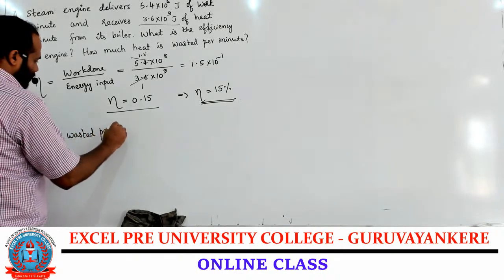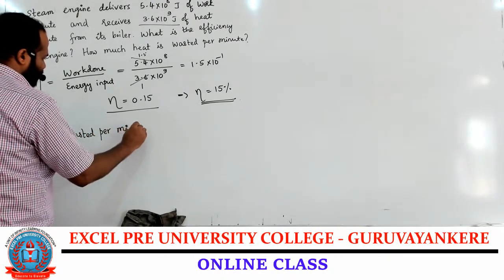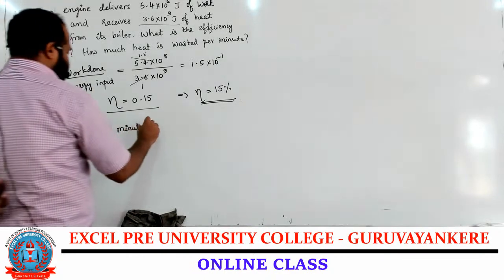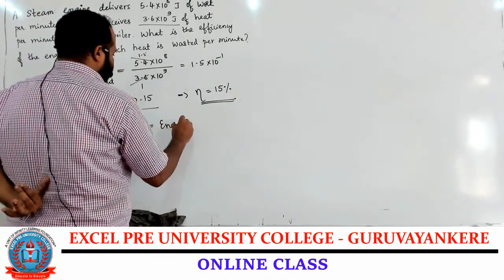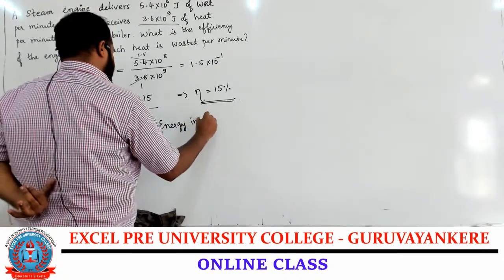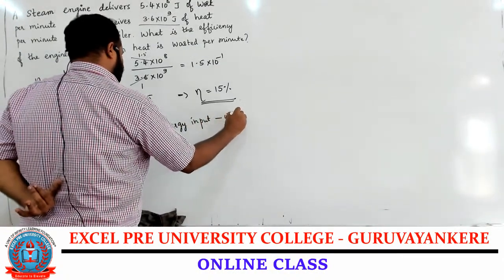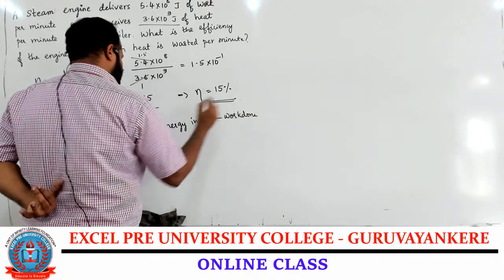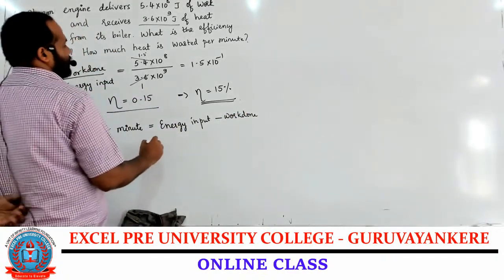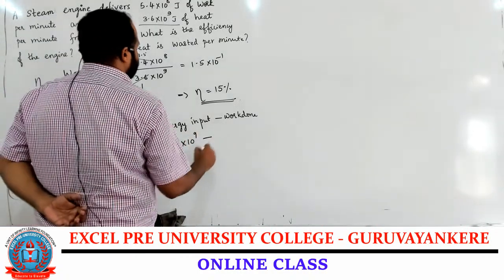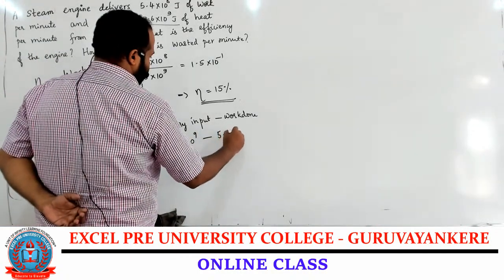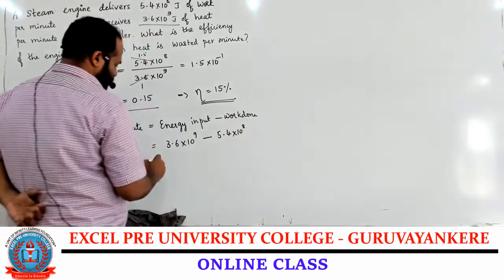Then energy wasted per minute is energy input minus work done. So energy input 3.6 into 10 to the power 9 minus 5.4 into 10 to the power 8.